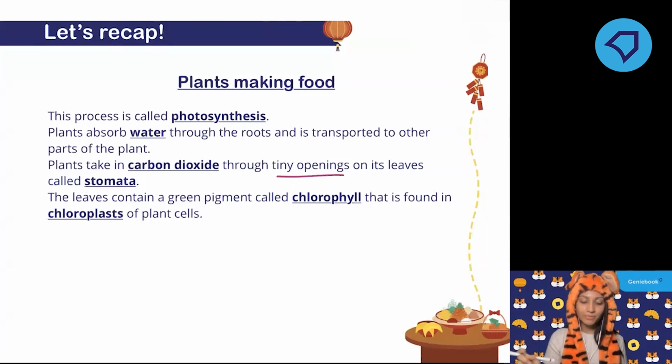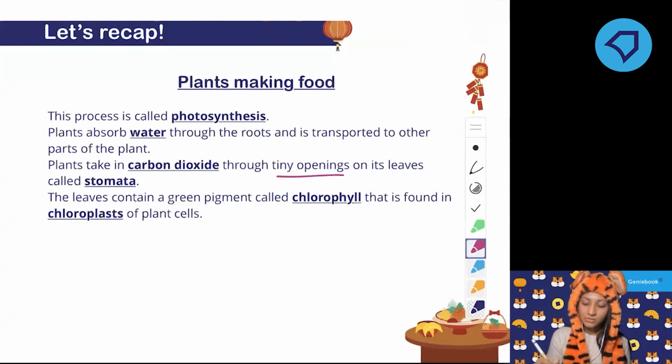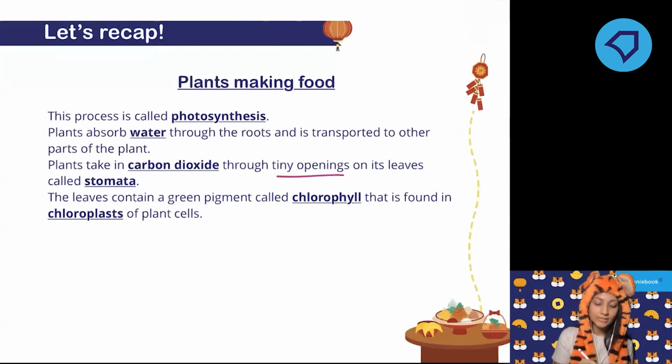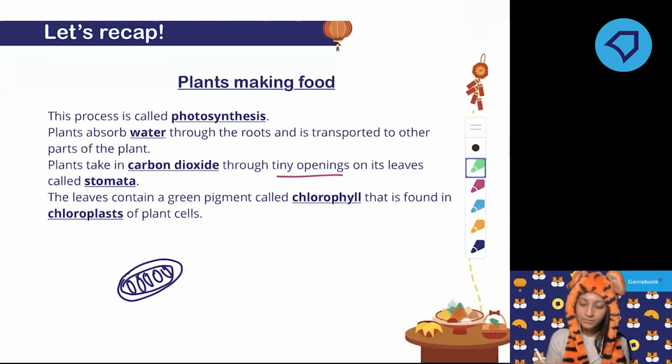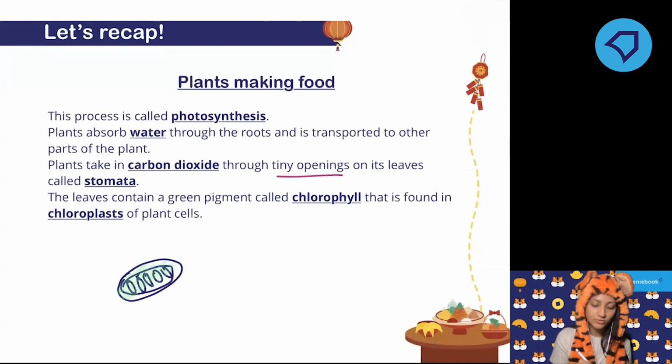Then the leaves contain green pigment called chlorophyll, which is found in chloroplast. I'm just going to draw out a simple drawing for you. Usually in a cell, you will see something that looks like a sausage, and then something like this, the structure. And then they will color this green. So this whole part of the cell is called the chloroplast.